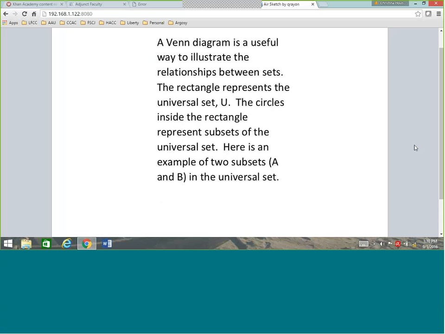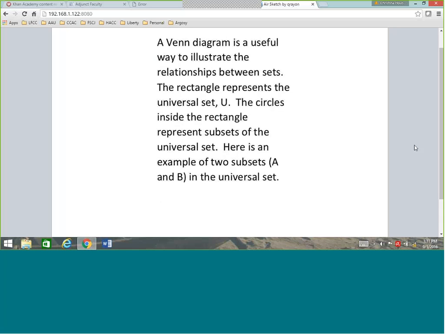First of all, a Venn diagram is a useful way to illustrate the relationship between sets. Think of a set as just a basket: a collection of objects in a basket. A Venn diagram helps us show the relationships between those different sets.